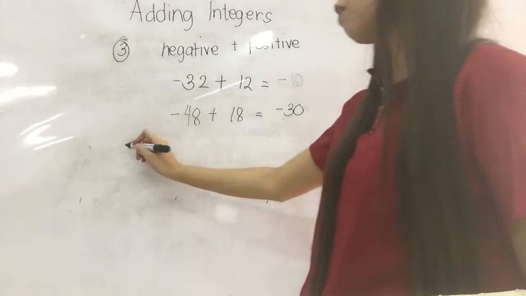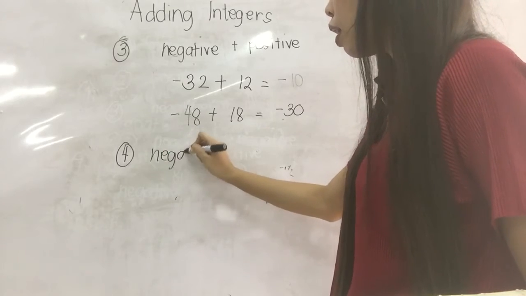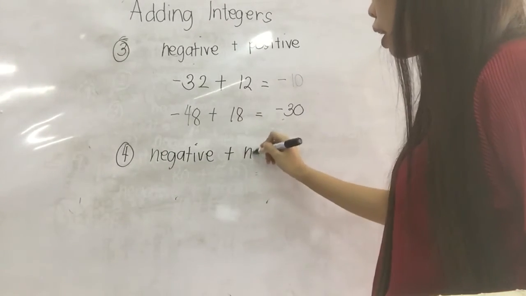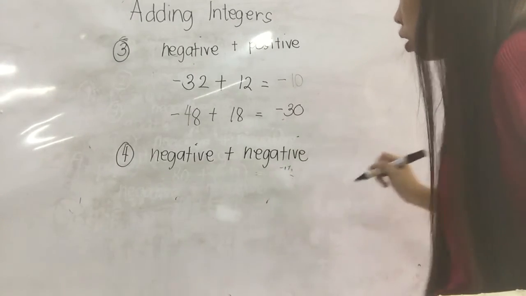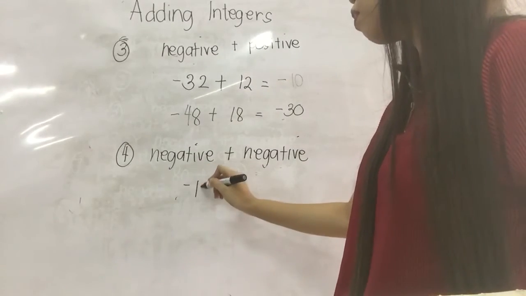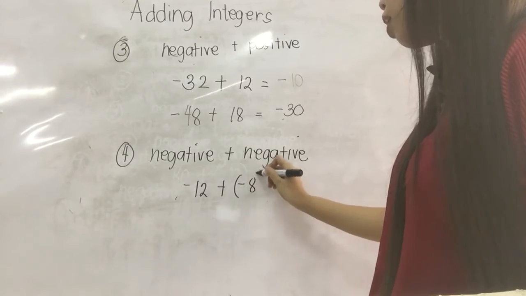Okay? And then the fourth and last one, we have both negative. Negative plus negative. For example, we have negative 12 plus negative 8.